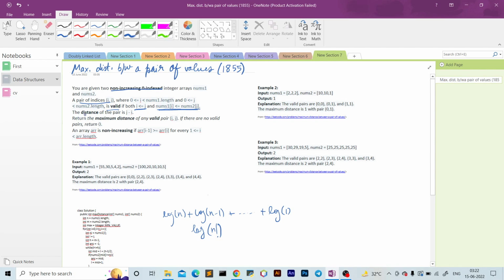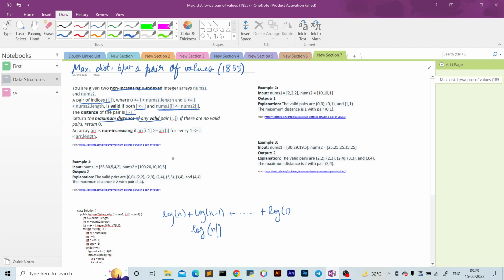The distance between that valid pair is j minus i, and we have to find the maximum distance of any valid pair given the two arrays.